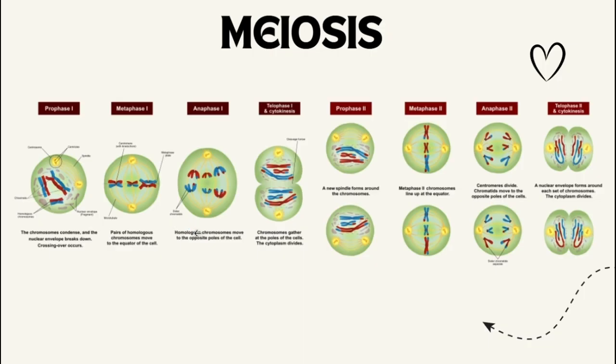In metaphase, they line up at the equator, spindle fibers extend and attach to the kinetochores on the centromere, right? So spindle fibers extend, attach themselves, then anaphase. The homologous pair, which we could also call a tetrad, is basically 4 chromatids, 2 chromosomes.